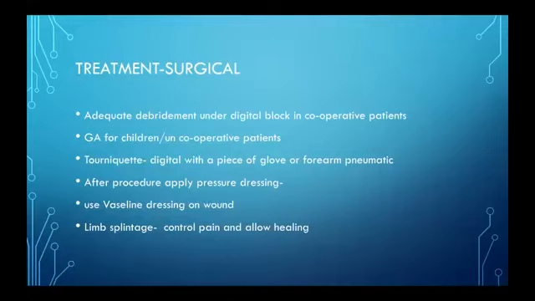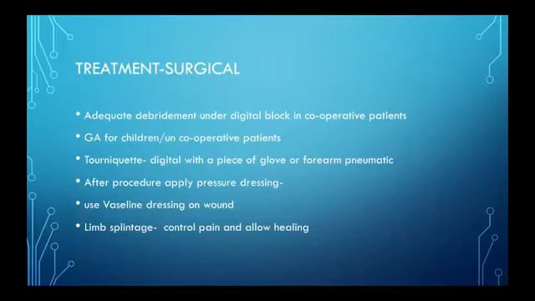General anesthesia for children, or in uncooperative patients. And then, of course, a tourniquet is required. You can do this on the digit, using just a piece of glove clamped on with a hemostat, which is sufficient to control bleeding on a finger.